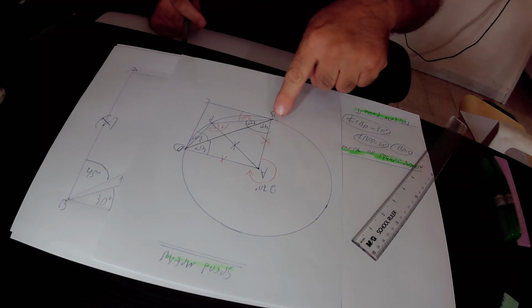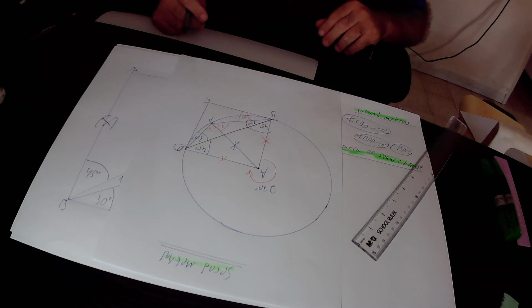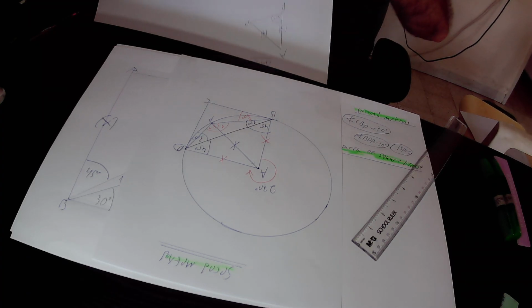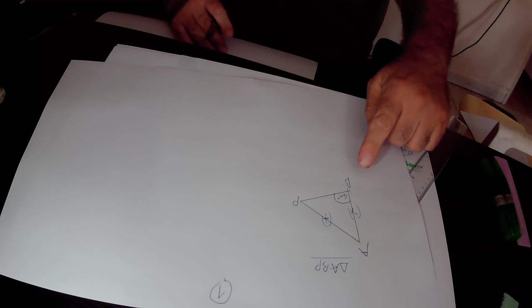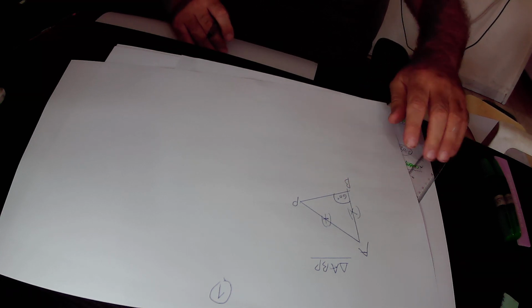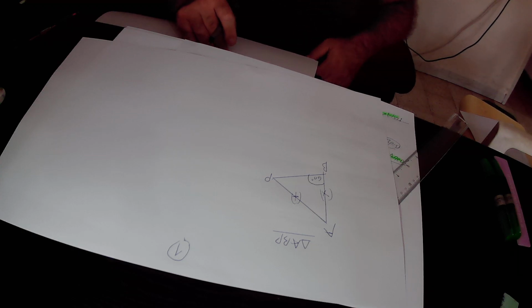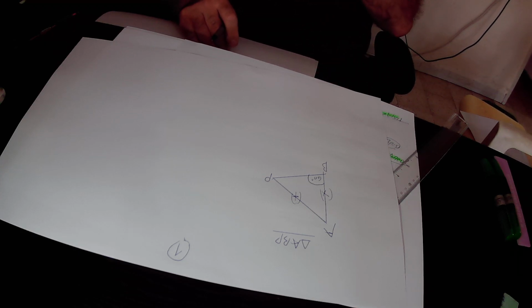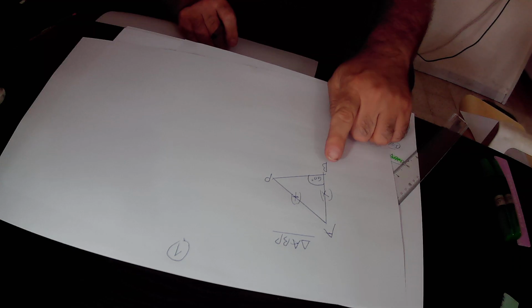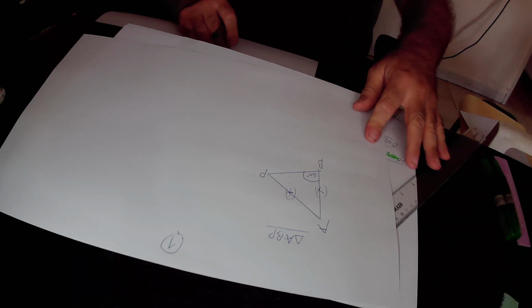Then again, angle ABP is equal to 45 degrees plus 15 degrees, which is 60 degrees. So this is triangle ABP that I formed from the original drawing. In triangle ABP, this angle equals 60 degrees.